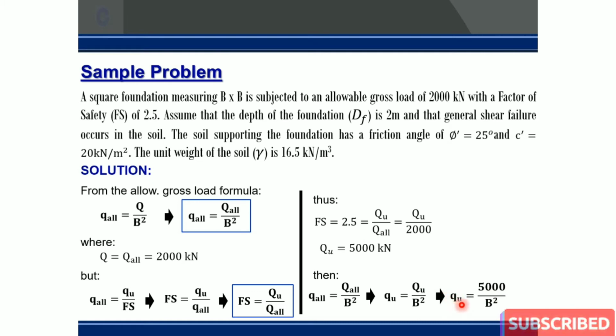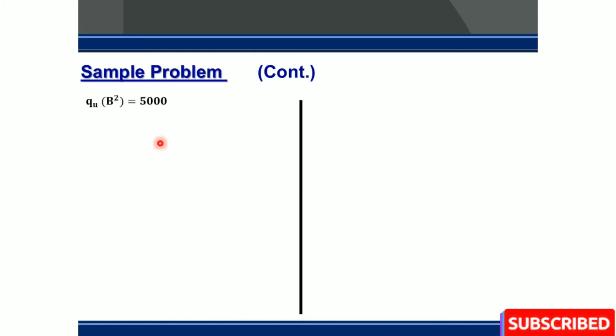So in terms of B squared, we may say that the product of your small q u times B squared is equal now to 5000 kilonewton. So we have now this relationship of your ultimate bearing capacity of the soil, denoted by this small q sub u, times B squared is equal now to 5000.